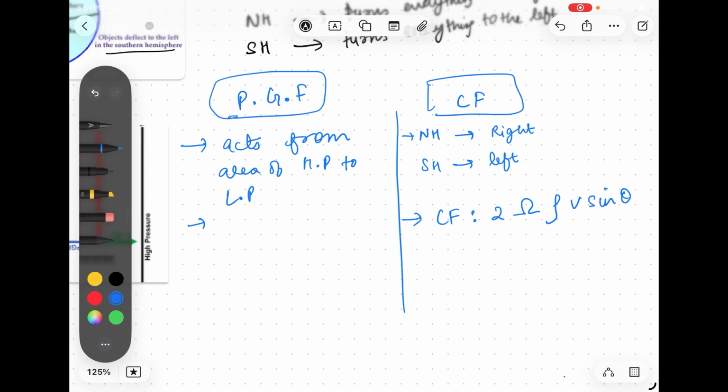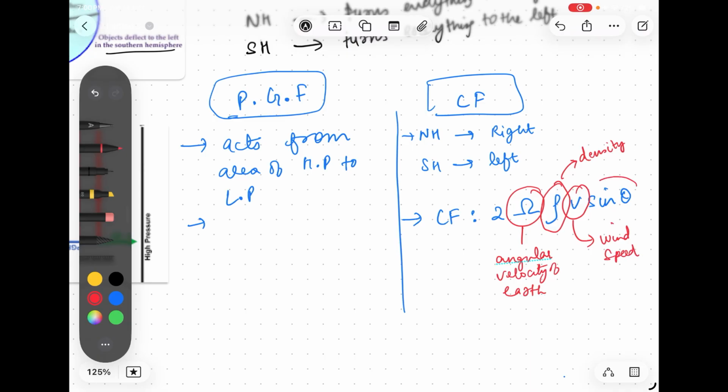Ohm is basically angle. Okay, I'll just write it down that also. So this is basically ohm. This is your angular velocity of earth. Okay, so this is rho, which is your density. Okay, this is v, you know this is your wind speed.